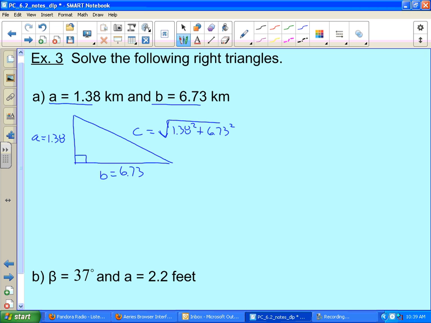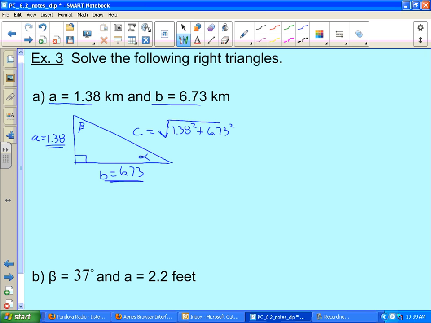But let's say we want to talk about angle alpha and angle beta. We need those two angles. Well, how do we find alpha? Alpha has a B of 6.73, which is the adjacent side to it, and it's got the A, which is 1.38, opposite from it. So it has an opposite side and an adjacent.